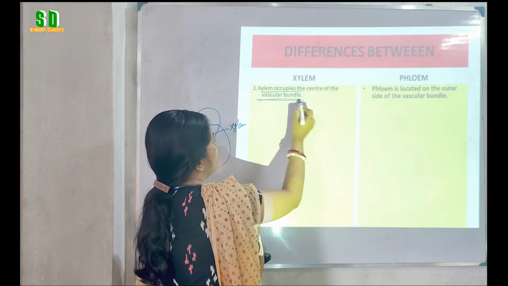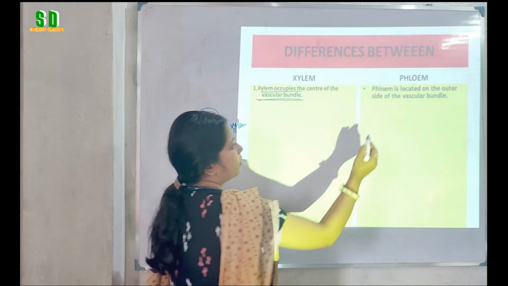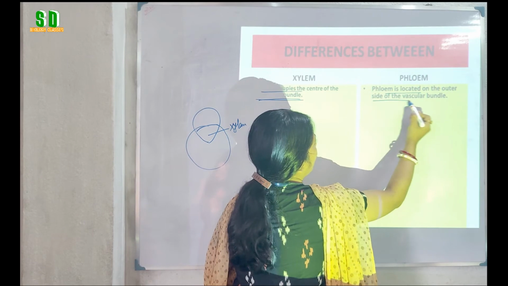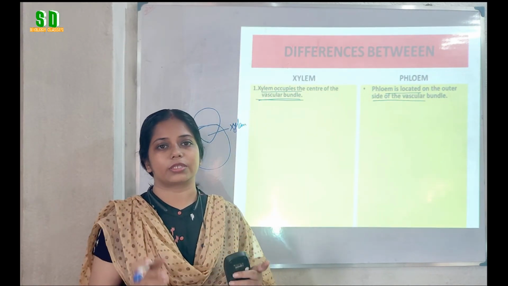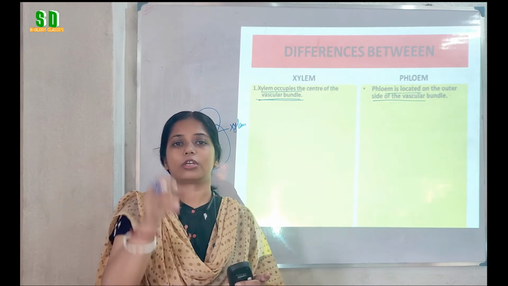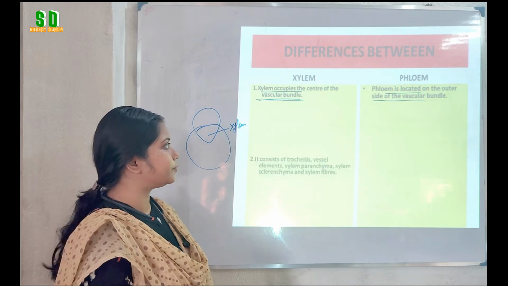That's why it is said that xylem tissue is present in the center part of the vascular bundle, whereas phloem is located on the outer side of the vascular bundle.